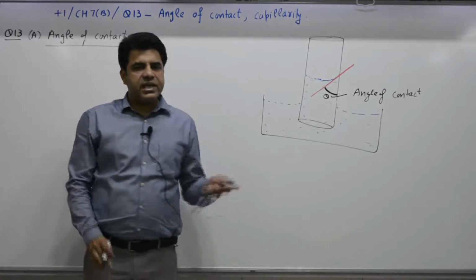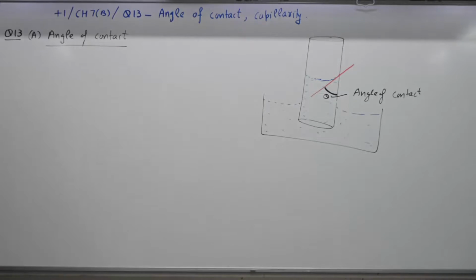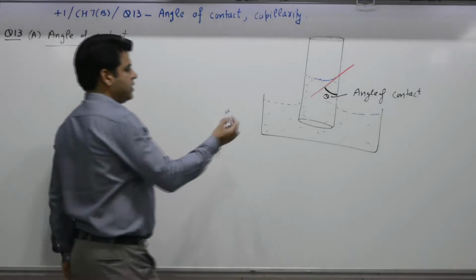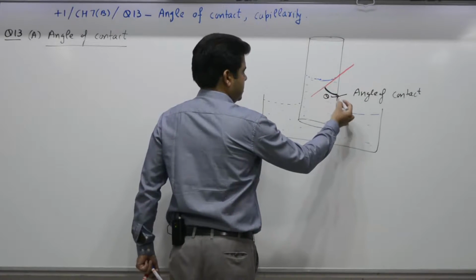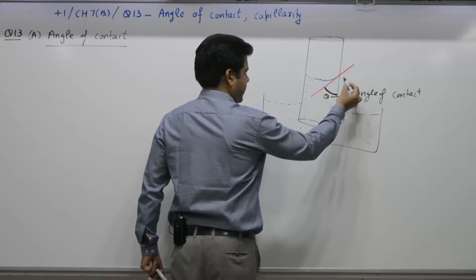So, what is angle of contact? Angle of contact between a liquid and a solid is defined as angle enclosed between the tangent to the liquid surface at a point of contact and the solid surface inside the liquid. Remember this, it is inside the liquid. This angle is suppose 60 degrees, then this angle is 120.